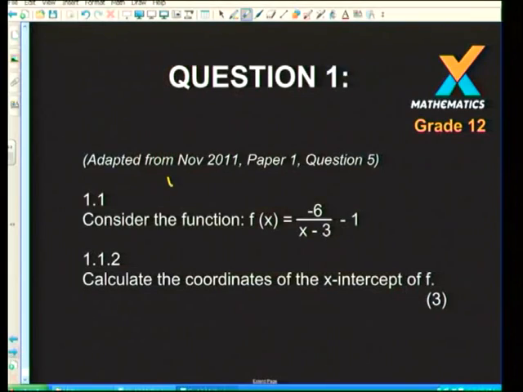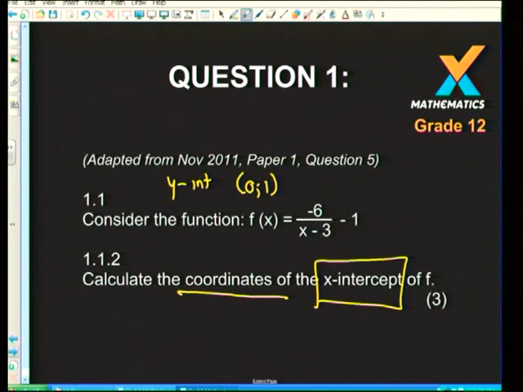So we found the y-intercept to be 0, 1. Right, this one says, still using the same function, calculate the coordinates of the x-intercept. Once more, coordinates. So for the x-intercept, we let y equal 0.